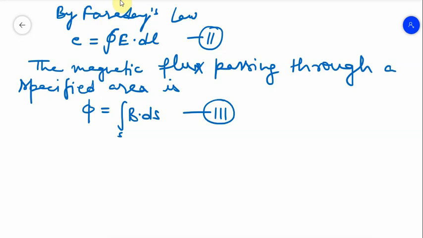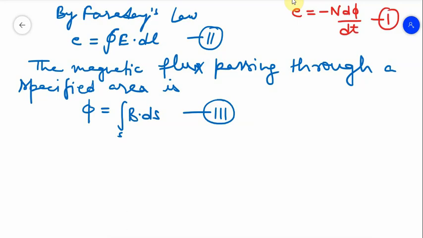So your first equation, if you remember, I just discussed now, E equals to minus N d phi by dt. This was your first equation.